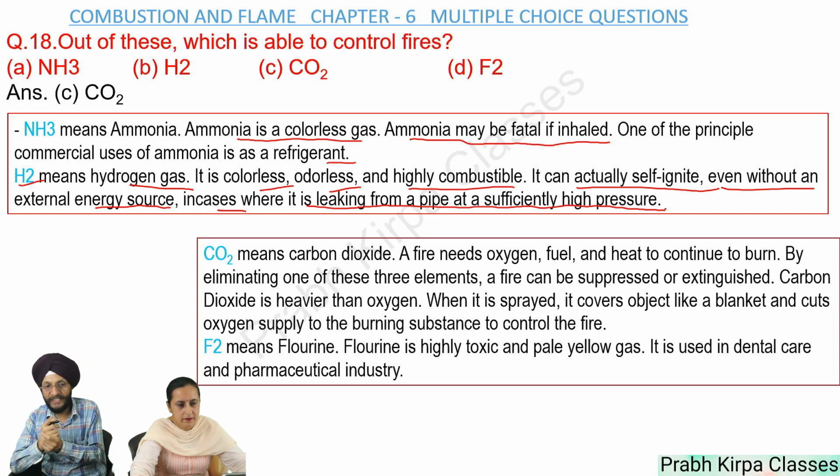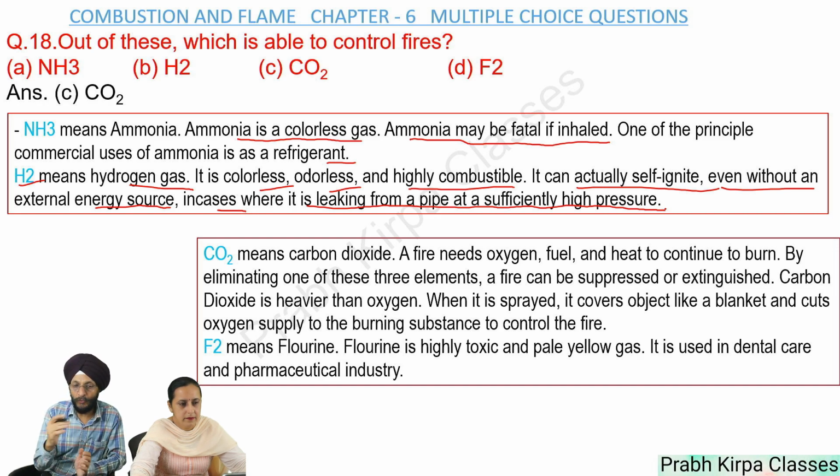So you will please observe that hydrogen is a very combustible gas, and you also know that in the case of fire extinguishers, we have to put the gas at a very high pressure. So when the gas itself, H2, is very combustible, we cannot use it to control fire.